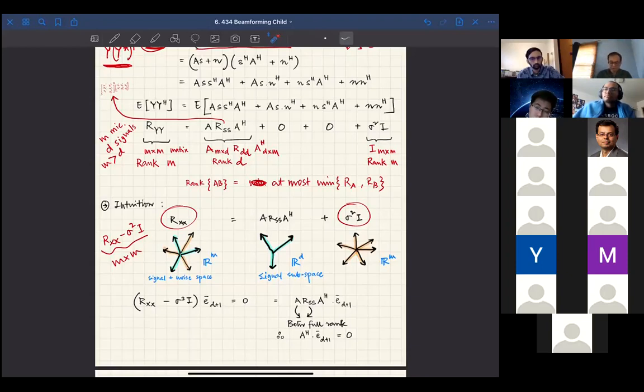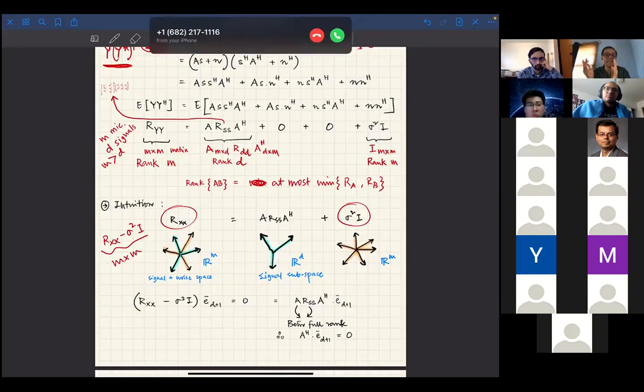Now, if you calculate the eigen decomposition of this matrix, this is rank D, but the matrix has M eigenvectors.